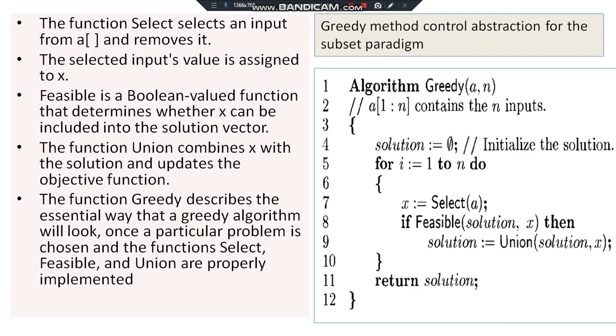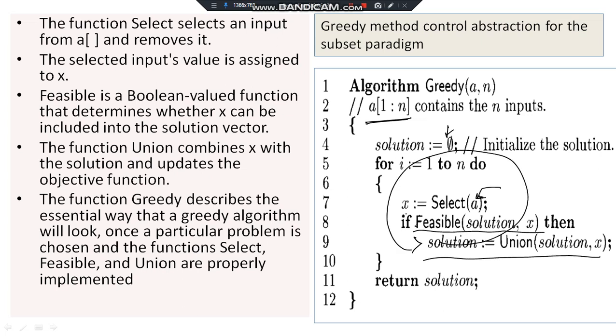This is how the greedy algorithm works. There is a problem of size n, containing n inputs, and the solution is initially empty. Then we decide whether the next item is to be considered or not: x is equal to select a. If the given solution is feasible, then it is added, and we do this n times. And how do we check whether it is feasible or not?